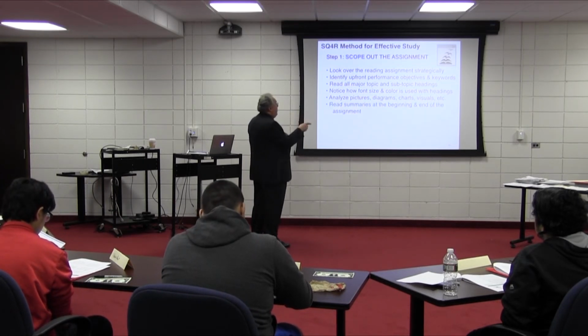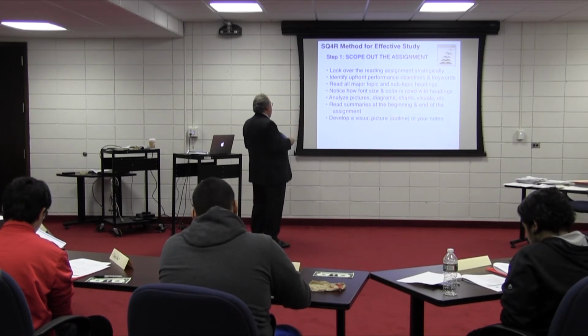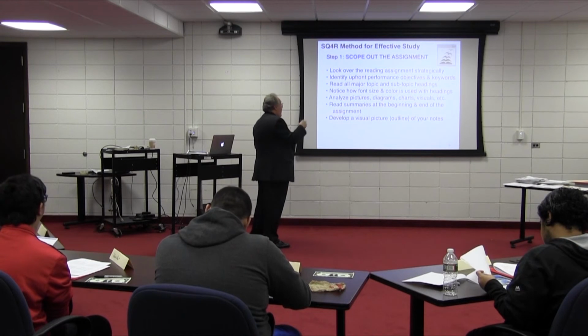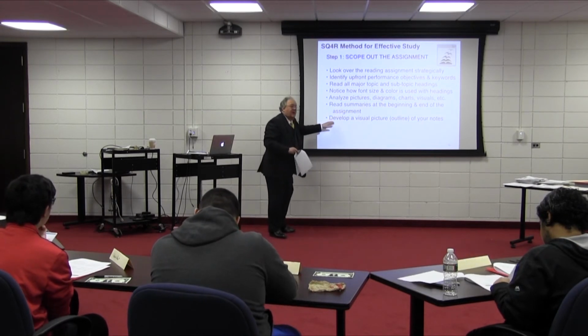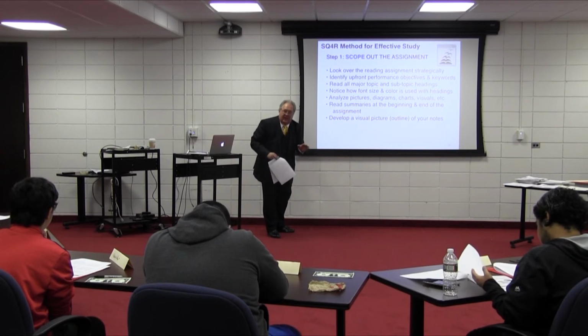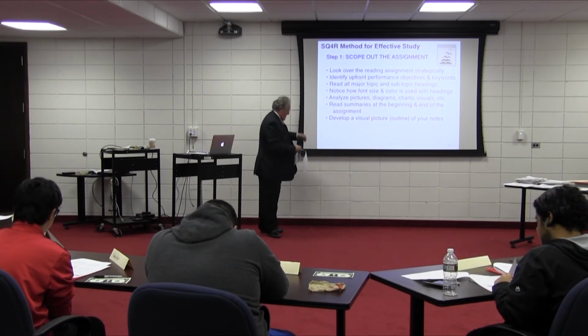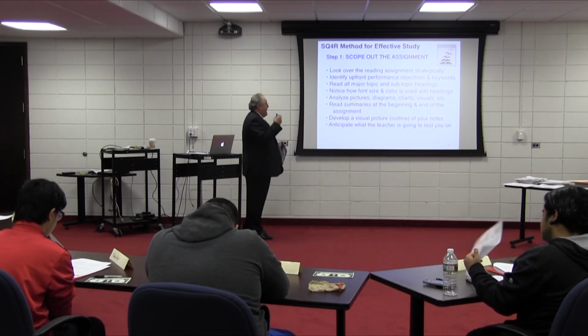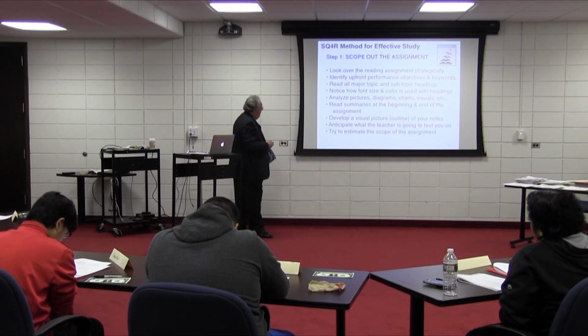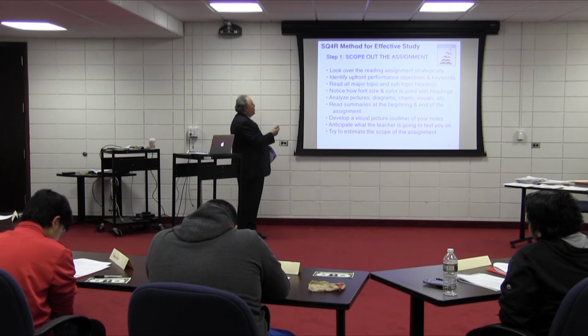We're going to read the summaries at the beginning and at the end of the assignment. We're going to develop a visual picture of our outline of our notes by using the publisher's convention. We're going to see what our outline looks like even before we start taking notes. We're going to anticipate what the teacher is going to test us on. And we're going to try to estimate the scope of the assignment.